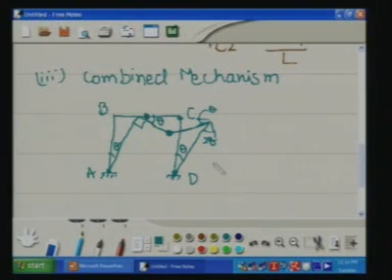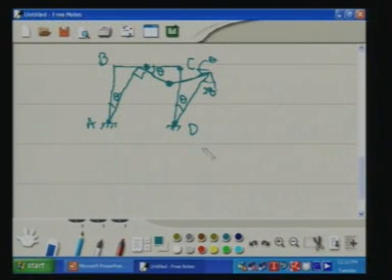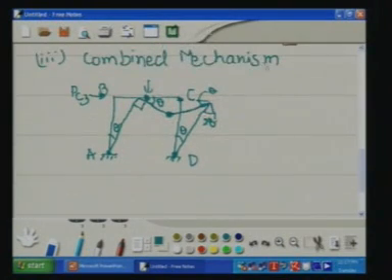So, now let us calculate the value of critical load for this mechanism. Here the load is PC3 and the vertical load is 3 PC3. So, what will be the virtual external work done?